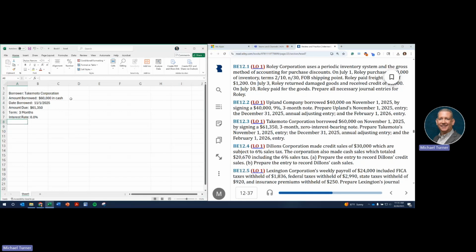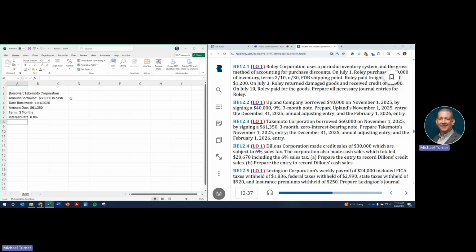The $60,000 borrowed requires a repayment of $61,350. So even though the note carries 0% interest, there's still a time value of money, and there's a cost to borrowing this cash. And that cost to Takamoto is $1,350.